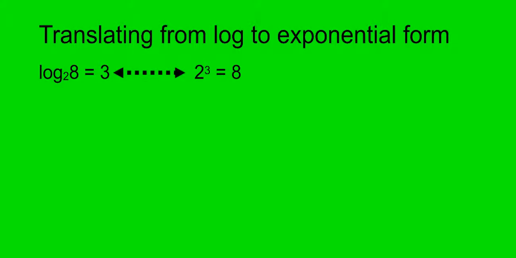The second issue you're going to come across on your homework is going to be translating logs. Because as we said, log is the opposite of an exponent. That means you can rewrite a logarithm as an exponential equation because they are opposites. When you look at the equation on the left here, log base 2 of 8 is 3.